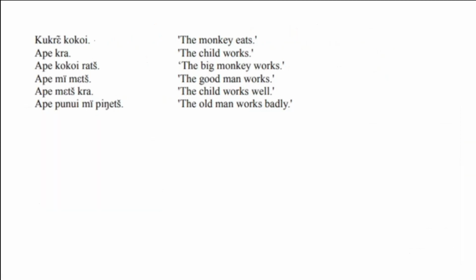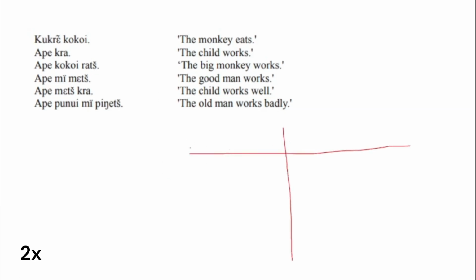Okay, so jumping into the problem, we have 6 sentences in Upinaye and their English translations. So we can just start making a table of Upinaye and English. So we'll just find words and we'll put them in. I find that this is the best way to just make some headway on the problem.